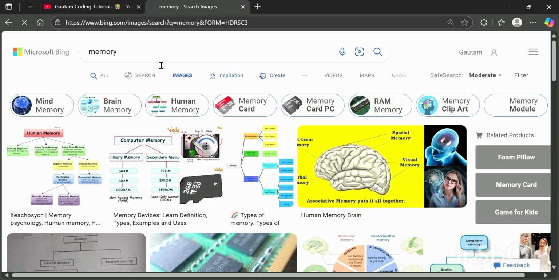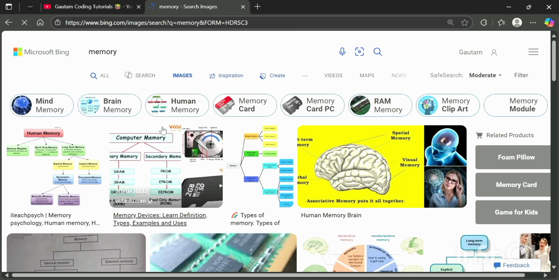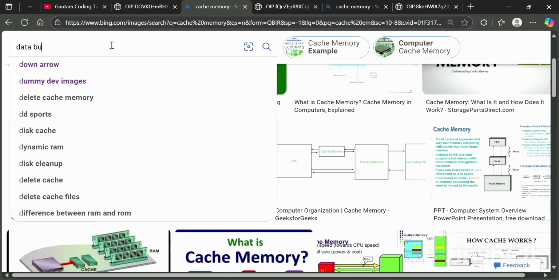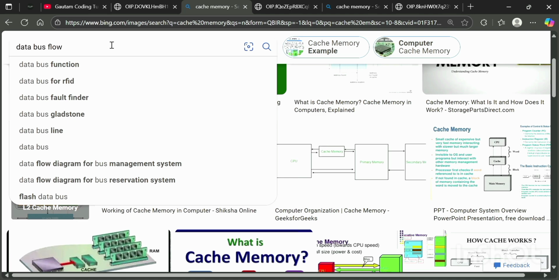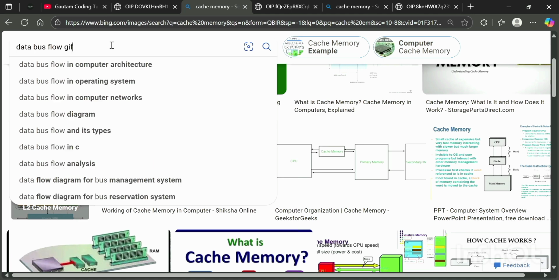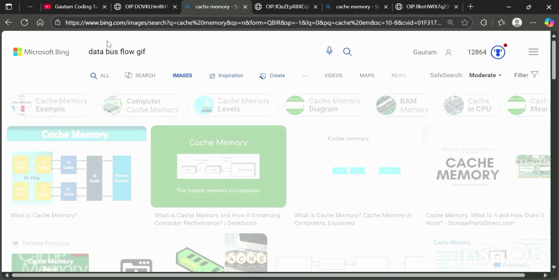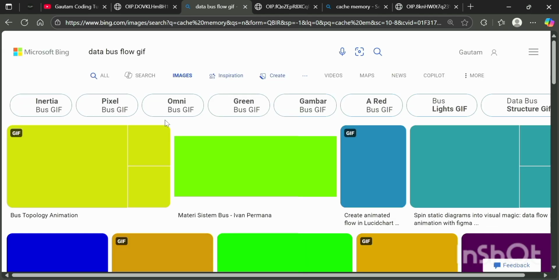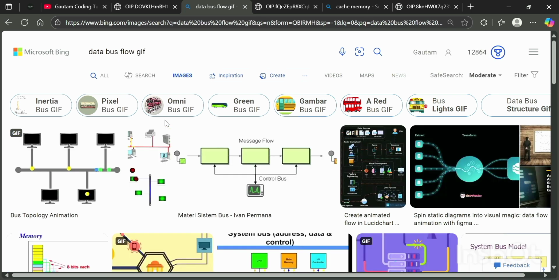Actually, the communication with the CPU occurs via the system bus, which includes the data bus, address bus, and control bus. The data bus carries the actual data between the CPU and memory, and the address bus carries the memory address that specifies where the data should be read from or written to.